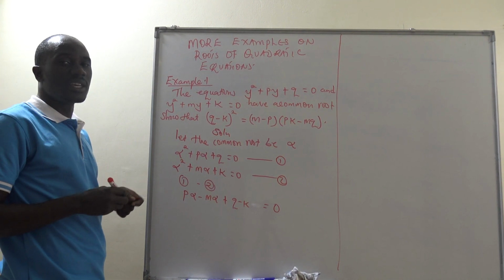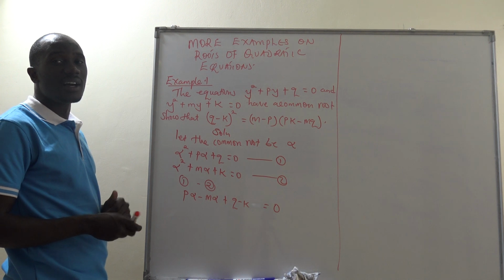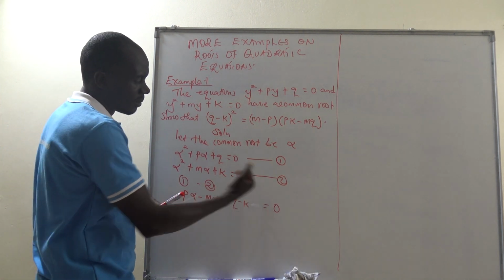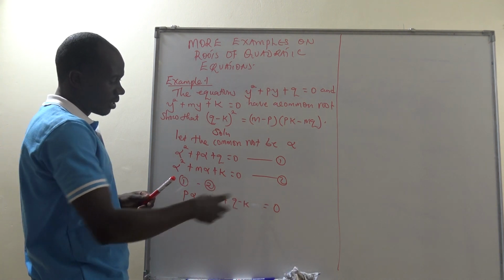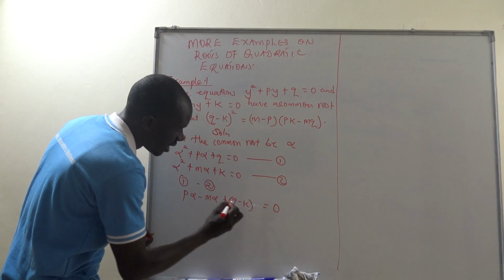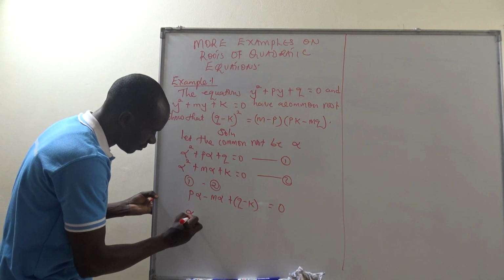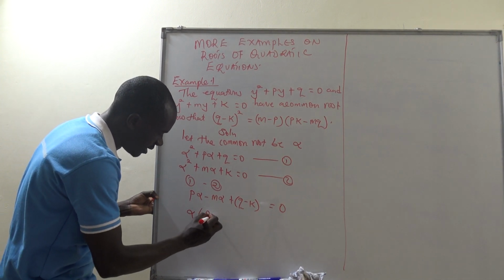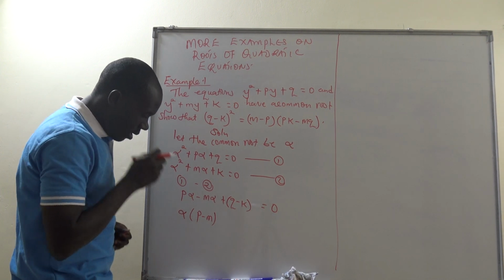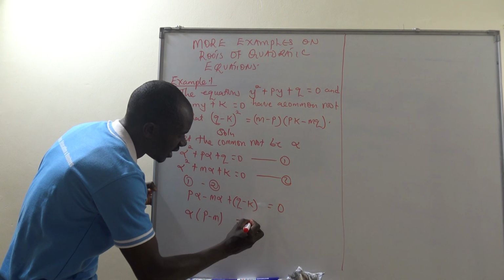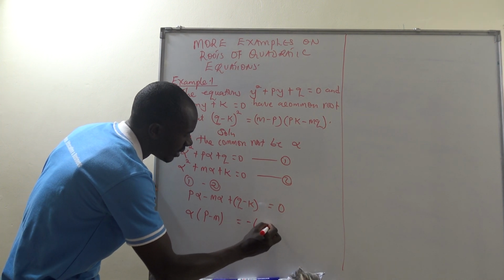So from this one, can we make alpha the subject of the formula? I can take this one the other side. And what is common here is alpha into p minus m equals negative into q minus k.